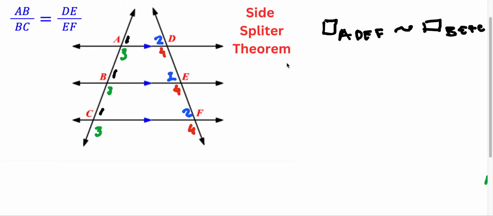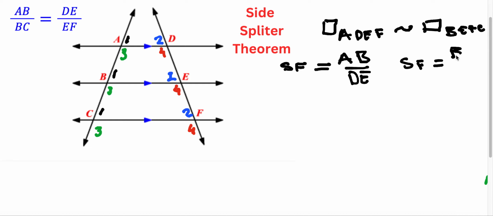For example, if I'm taking a scaling factor for the side AB, I'm sorry, this one. So scaling factor AB over DE is equal with the scaling factor of BC divided by EF.